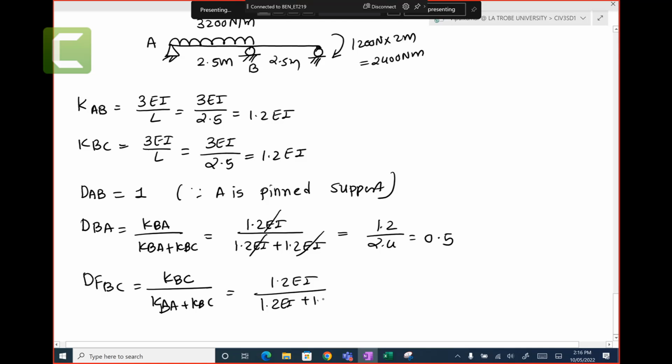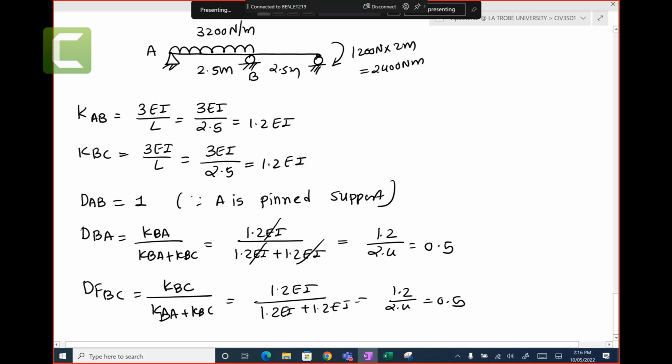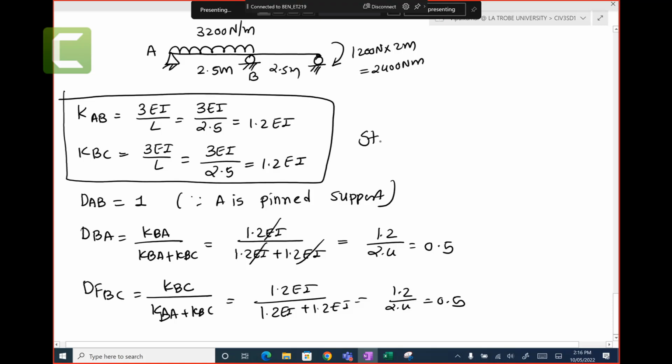I hope it is not too fast because we done this one. I can stop here. We done the stiffness first. And now we are working on distribution factors. And we done AB, BA, BC, and CB.